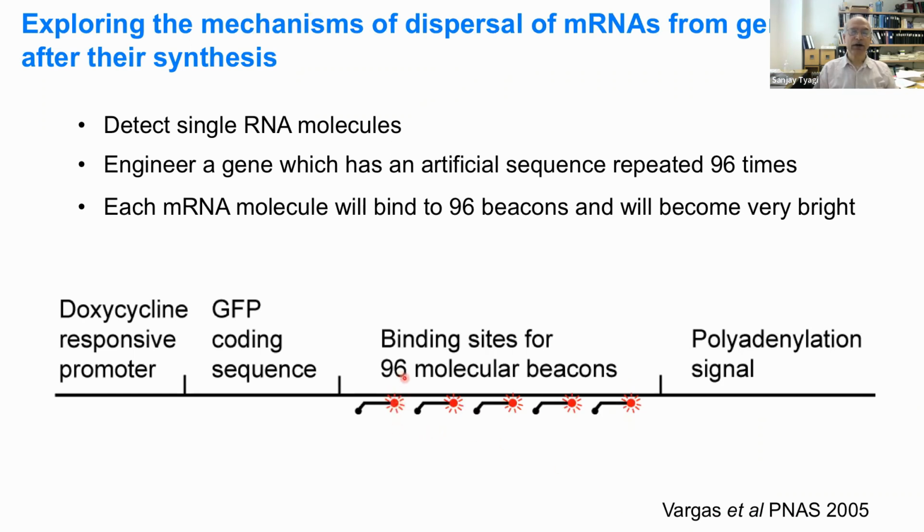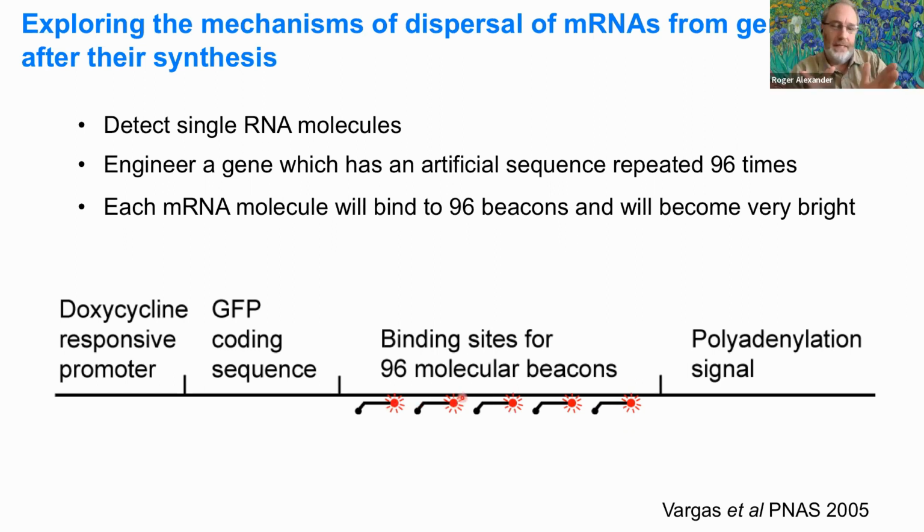These are 50 mer repeats. We took special care that the adjacent beacons don't quench each other. If they were right next to each other, this fluorophore could be quenched by that quencher. So we made them deliberately long. That's how. So basically, a large number of beacons bind to the same molecule.